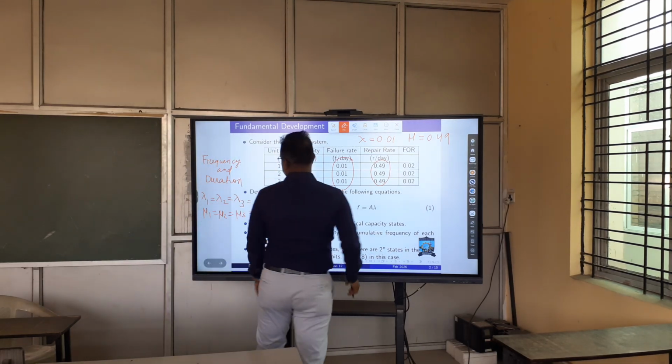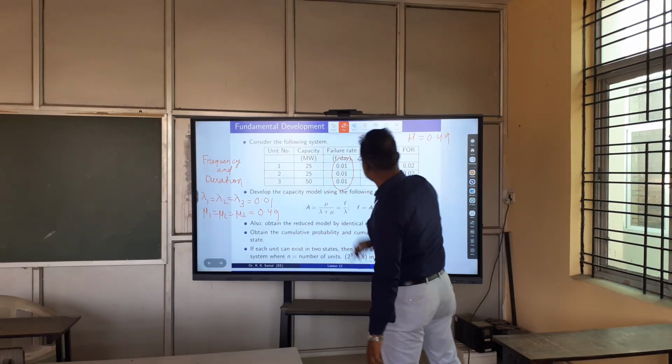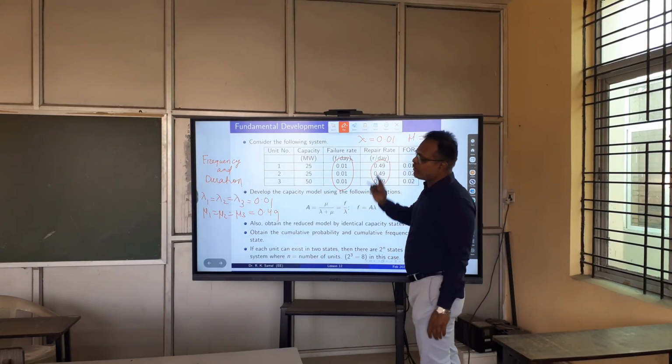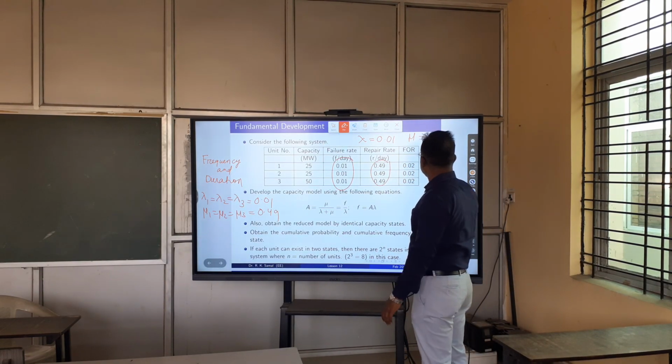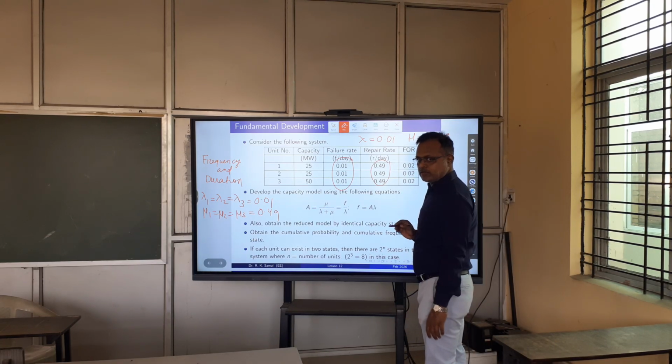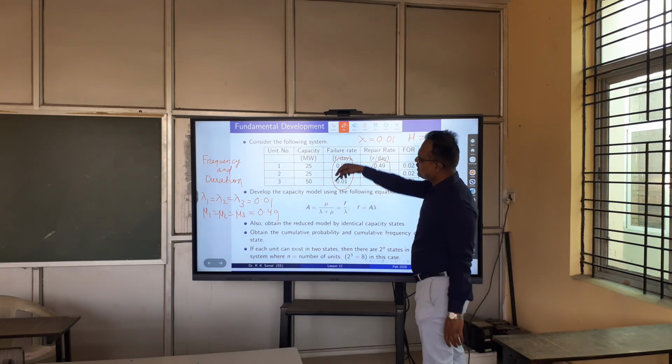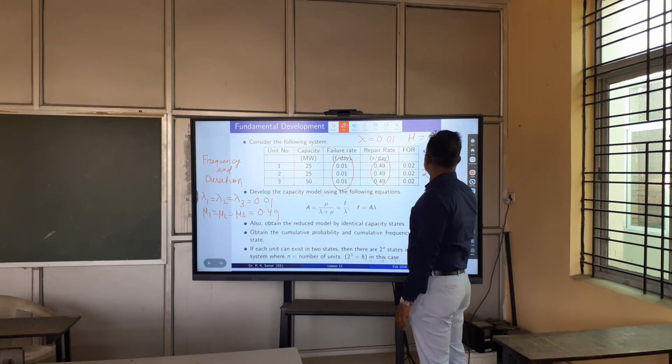So what is the concept of the frequency and duration approach? First we build a state diagram, a state space model, and find out the states. In this case, there are 3 generators, therefore there are 8 states.